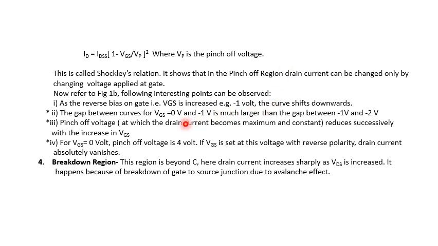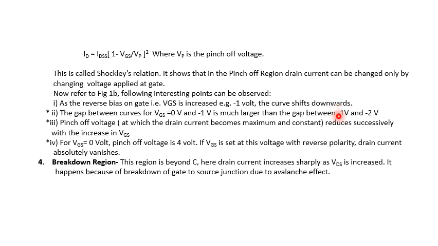Now again, we have to refer to figure 1B, where different drain characteristics are drawn. We can see there that if VGS is increased from 0 to -1 volt, or the reverse bias on the gate is increased, the drain characteristics shift downwards. That is, the maximum current or saturation current becomes lower.